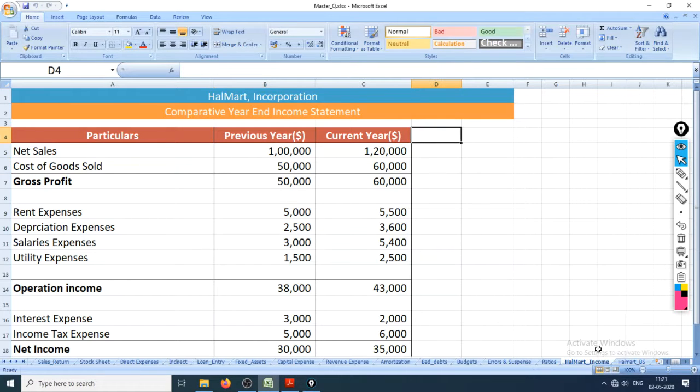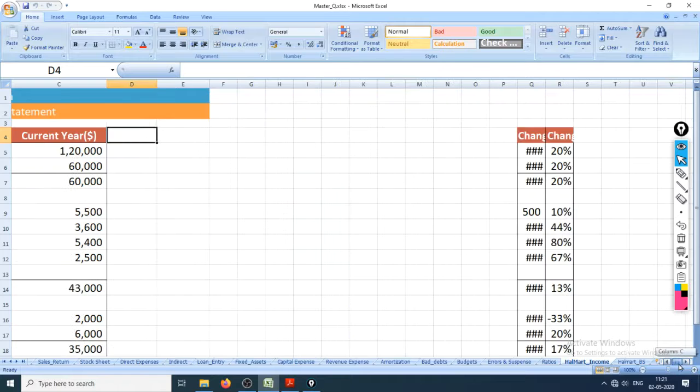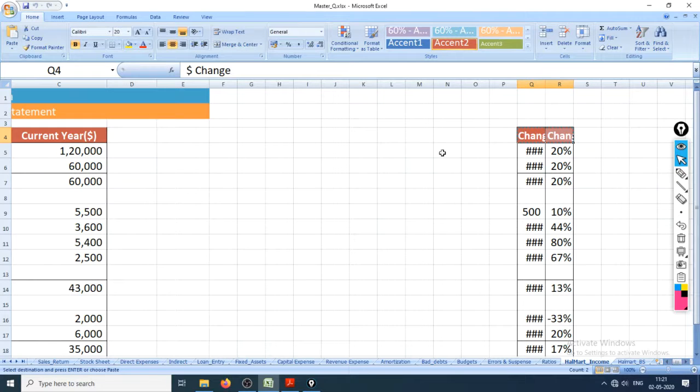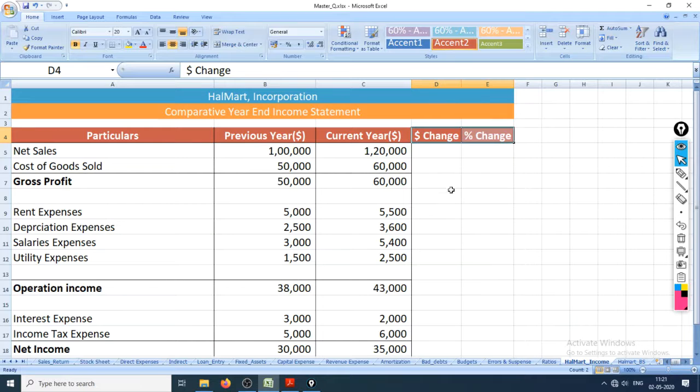We have to create two columns right here; I already have created them, hence I'll not be doing the trouble of doing it again. The first one is dollar change. Dollar change is the difference between current year minus previous year, that is the amount change or dollar change or rupee change, whatever country you belong to.